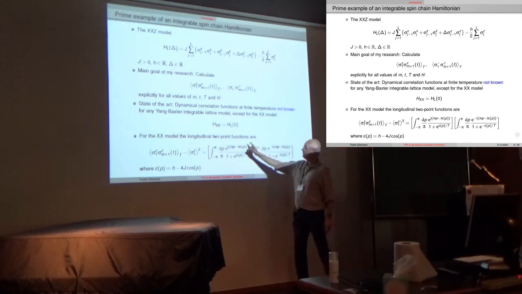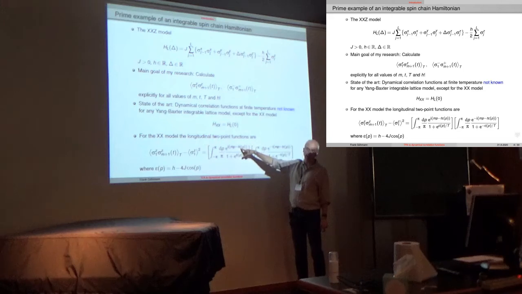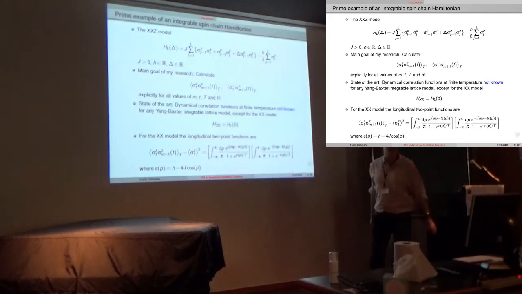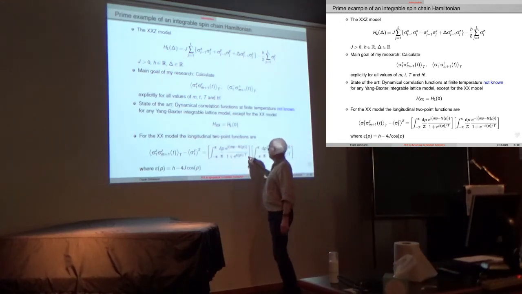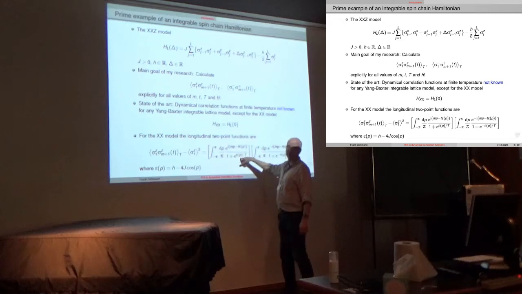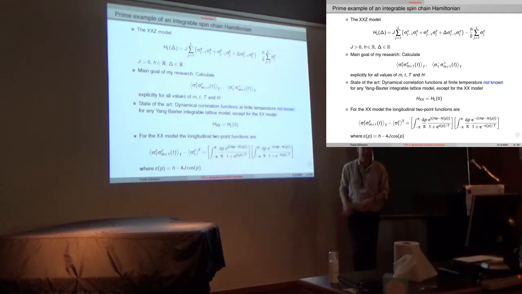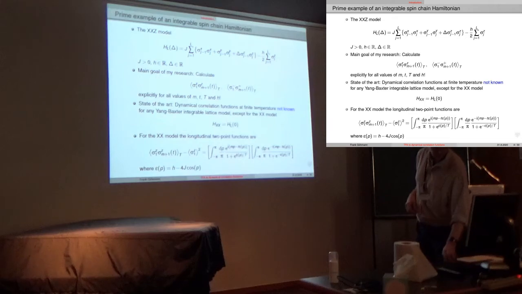You will always have integrals over, say, momentum or rapidity, and you have a wave factor with a momentum and an energy here, like solutions of Maxwell's equations or any wave equation. And here you have what we call the auxiliary function, 1 over 1 plus a, some generalization of the Fermi wave. And then in general you have some big thing here. And the integrals are coupled, not decoupled. This is the general structure.